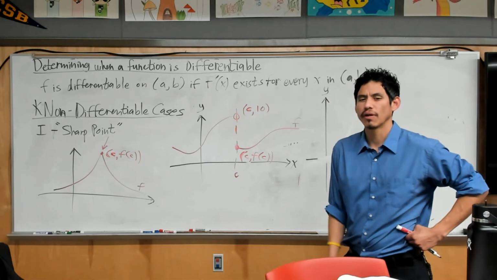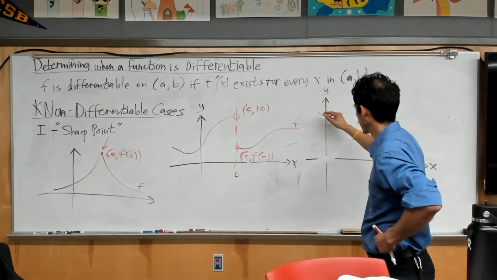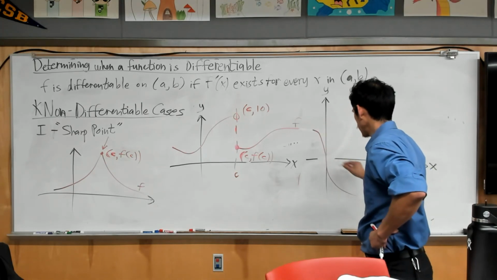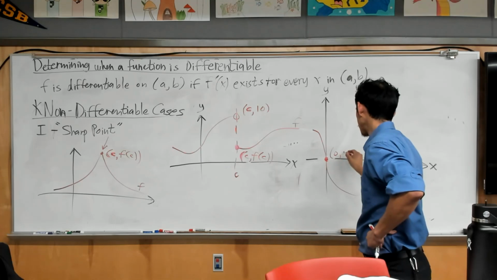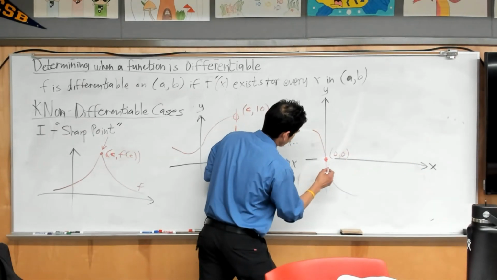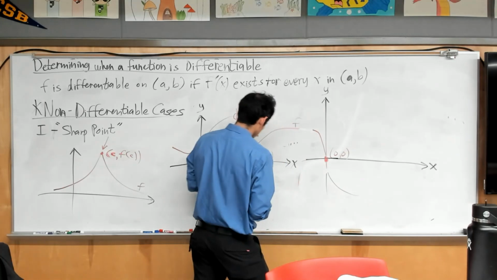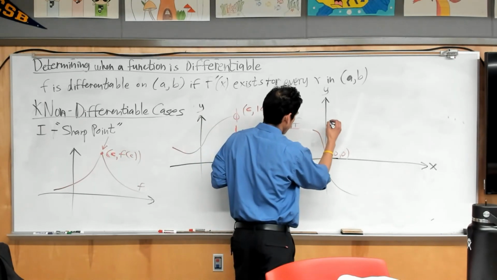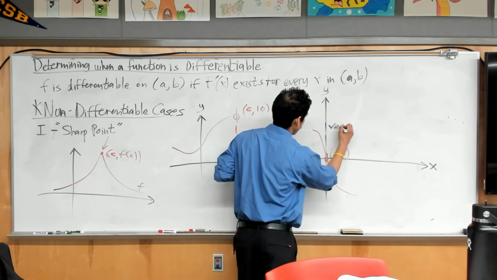Oh yeah, like this. I was having a brain fart. So it intersects with 0, 0. But if you were to draw a tangent line at this point, the tangent line at the origin of this graph would be vertical. Vertical tangent.